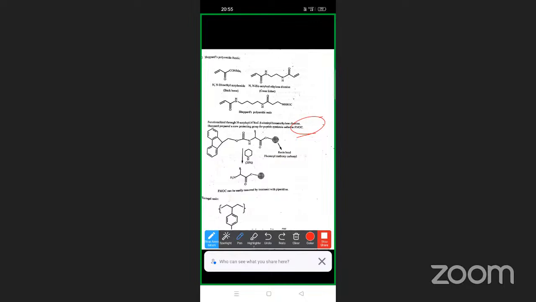BOC and FMOC are both protecting groups, and these protecting groups are deprotected with 20% piperidine. So this is your BOC.